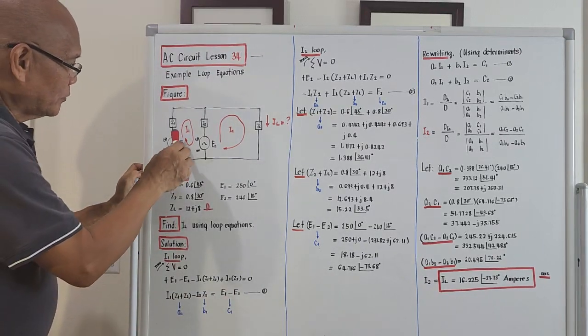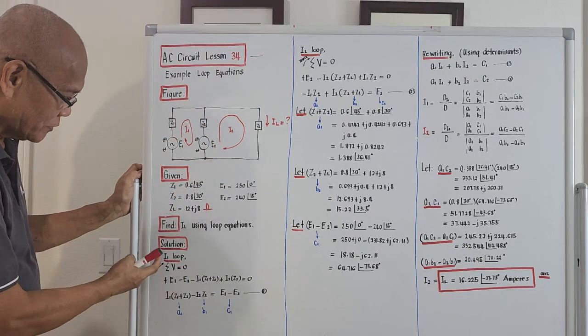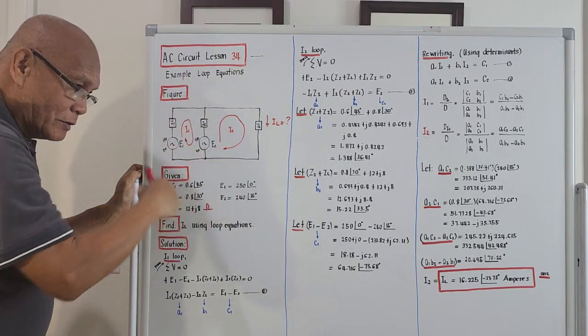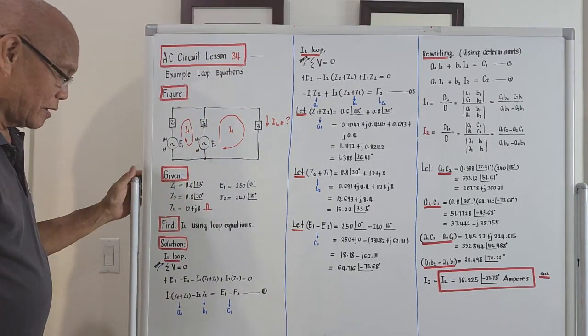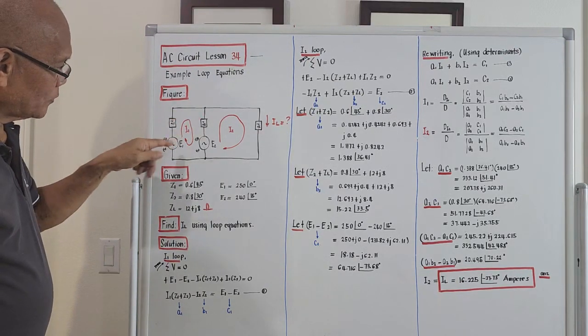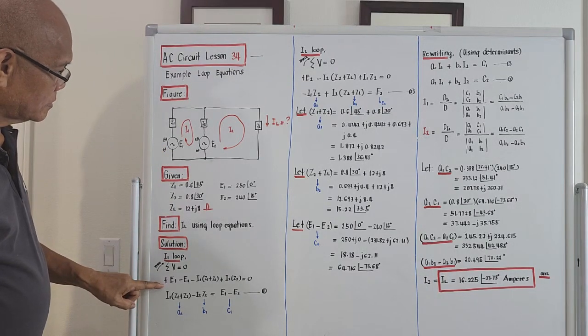We take the summation of the voltages considering the I1 loop. Clockwise direction is a negative current. E1, considering the I1 loop, is a voltage source, so this is plus.